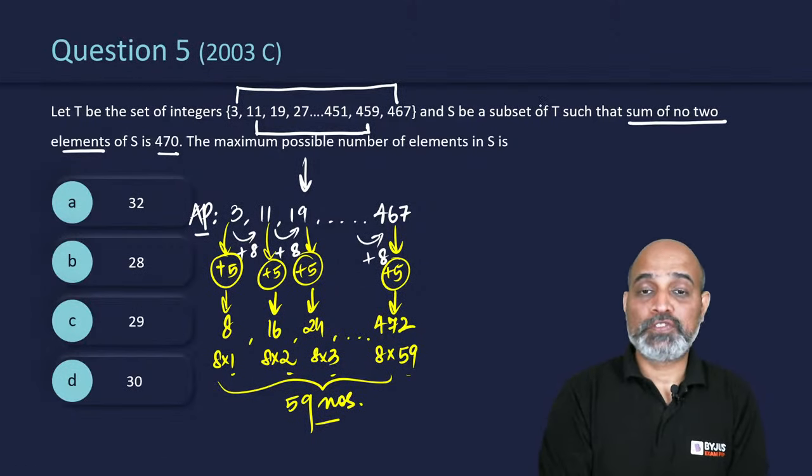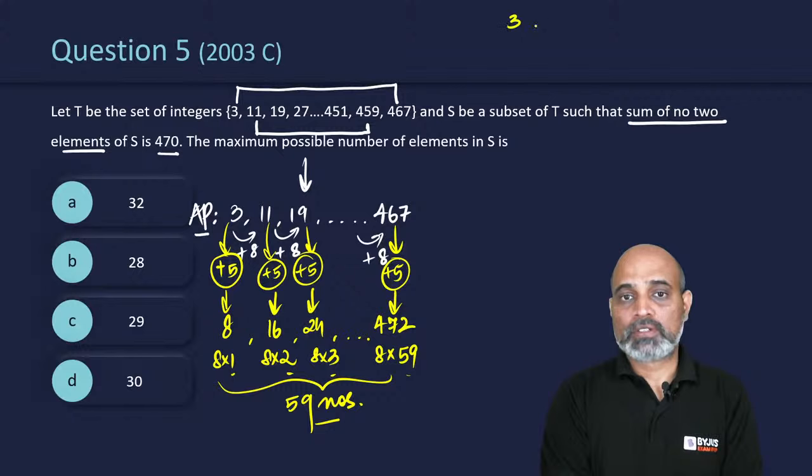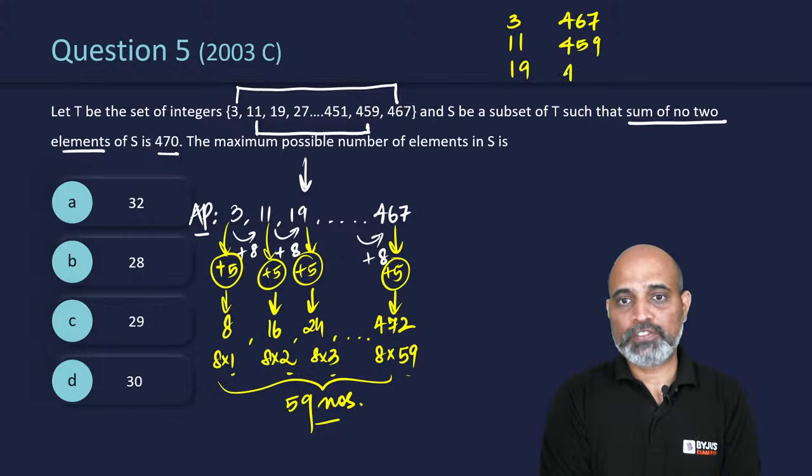Now out of these 59 numbers, 3 और 467 में से कोई एक लेंगे. 11 and 459 में से I'll take one of them. 19 and 451 में से I will take one of them. So either I will take the left value or the right value.